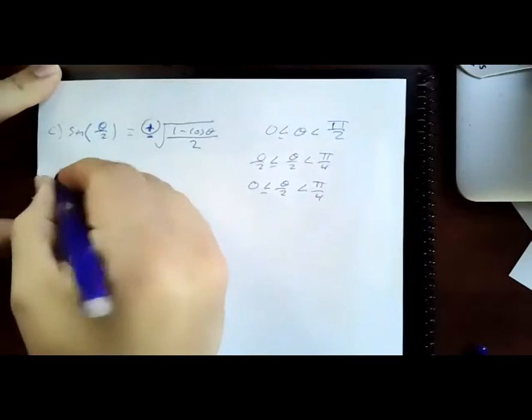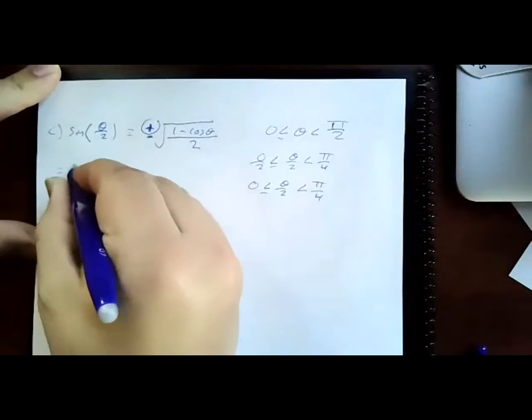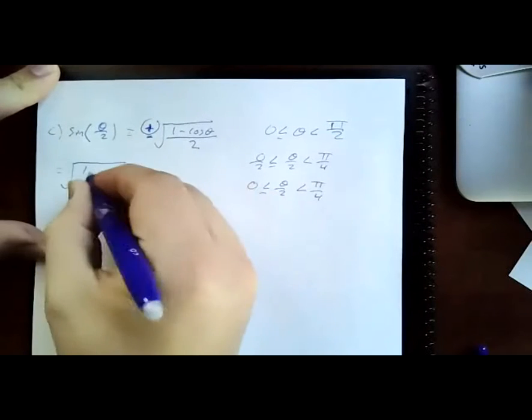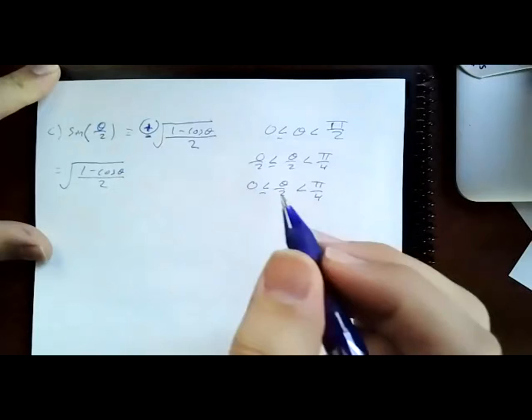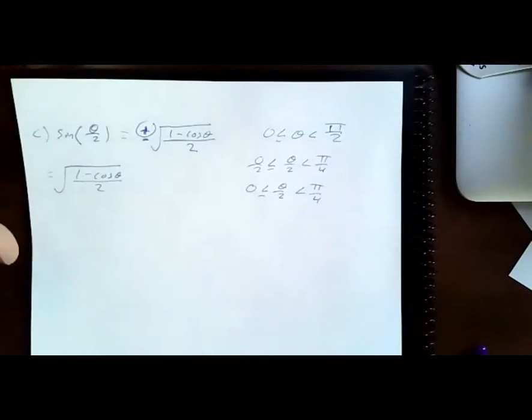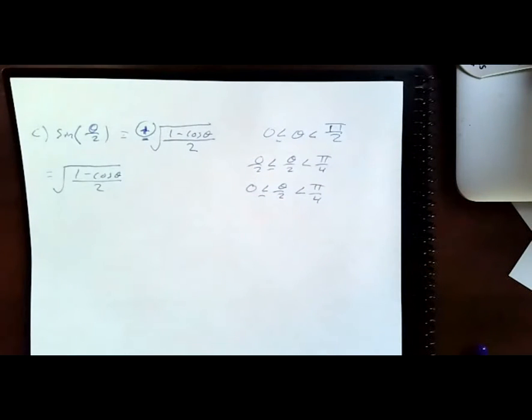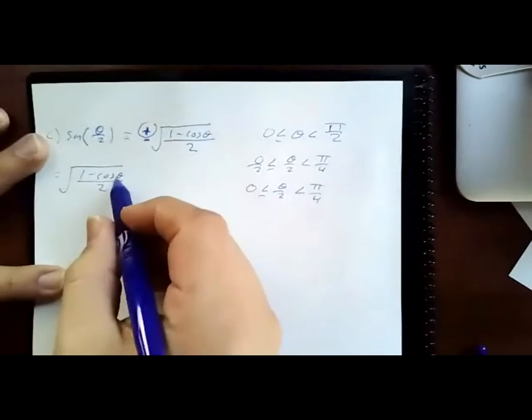Okay, so we're going to use positive, so we don't have to write the plus anymore. 1 minus cosine theta over 2. Cosine we found to be, what was it? Square root 15 over 8, right? Yeah. So just plug that in here.